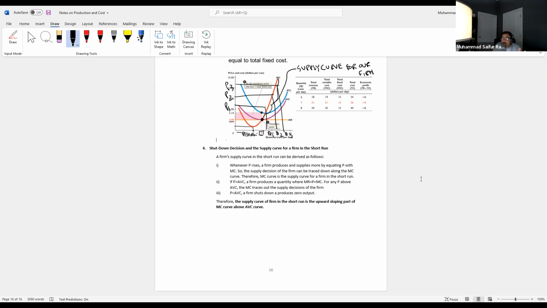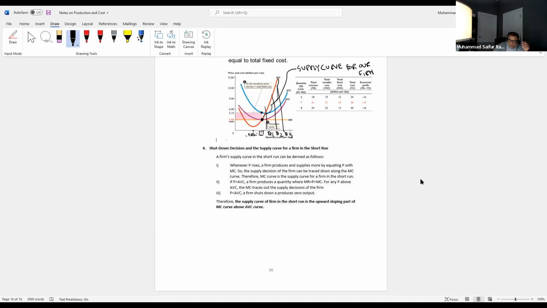We also looked at the so-called shutdown condition, where the price is so low that it cannot cover even the variable cost of production, and our firm exits, our firm ceases to produce. It shuts down. The shutdown condition is actually quite important because that shutdown point helps us to basically define the supply curve for our firm.